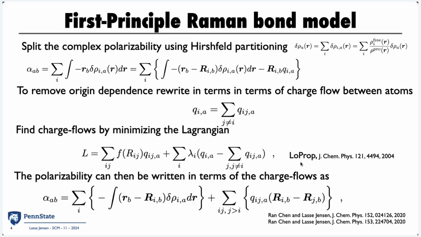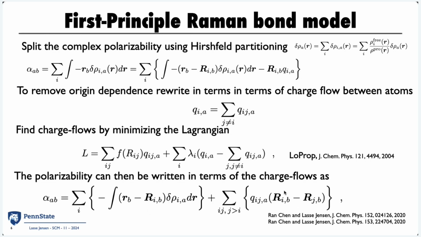This is the idea that was developed by Jensen in the charge-flow method for developing atomic polarizabilities, and we use something very similar to that. That allows us to rewrite the polarizabilities in terms of a term for each atom, and a term that depends on the distance between atoms.